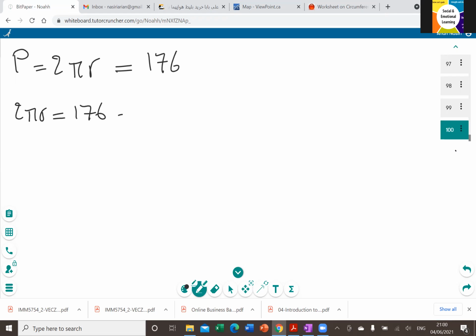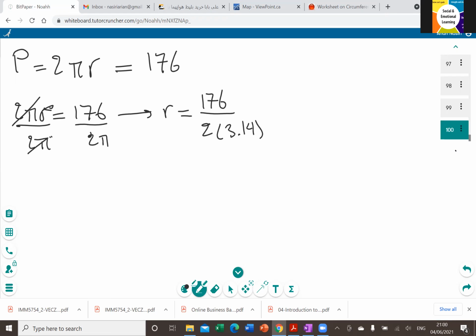Therefore, we divide both sides by 2 pi in order to isolate r. Therefore, r equals 176 divided by 2 pi. Pi is 3.14. And as your friend said, the answer is approximately 28.